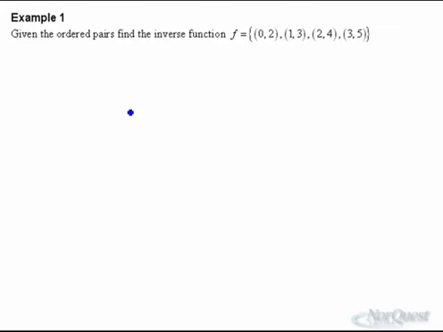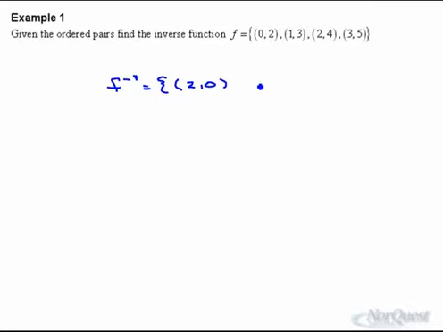So if you ever want to determine the inverse from a series of coordinates, our first example says find the inverse of these ordered pairs. Well, the notation we use for inverse is f to the negative 1. And what we want to do is switch x and y. So if the point was (0, 2), the inverse point would be the reverse, (2, 0).